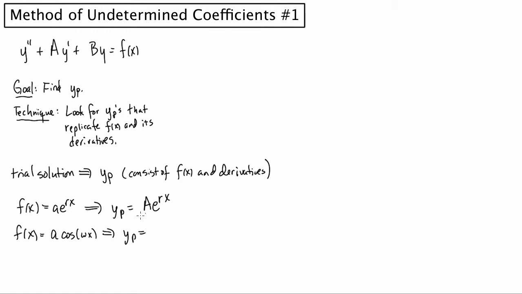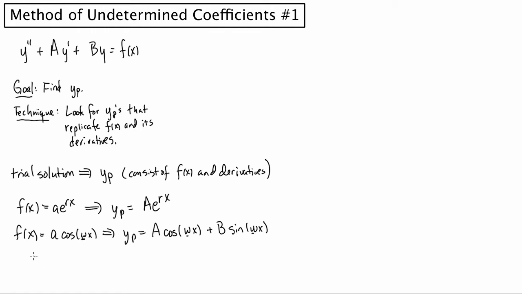Therefore, the best trial solution, or the best guess to start off these problems, would be A cosine omega x plus B sine omega x. Notice I didn't change the frequency of the oscillation. That'll be exactly the same. And it shouldn't surprise you here that we include both sine and cosine, because you know that you can combine sines and cosines of the same frequency into just a single either cosine or sine of that frequency.